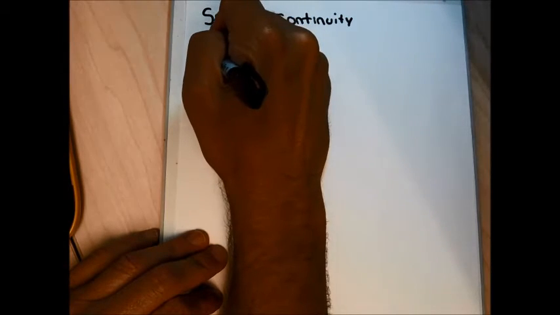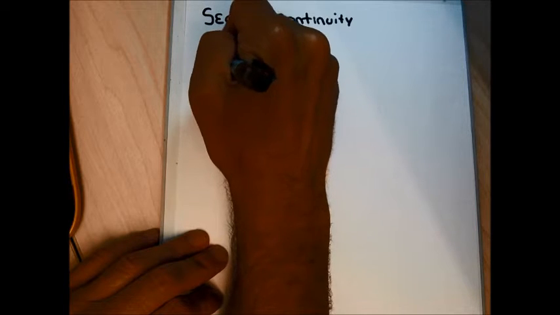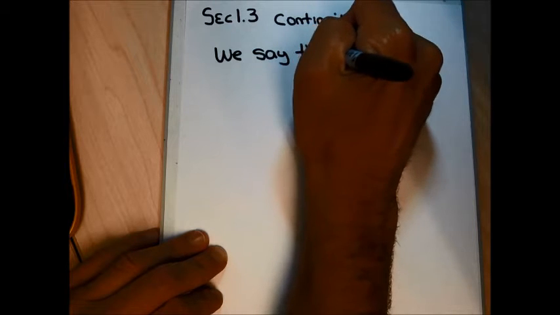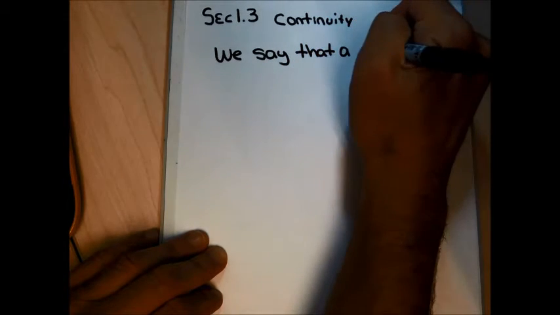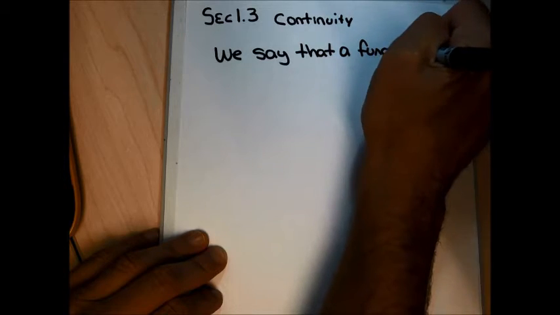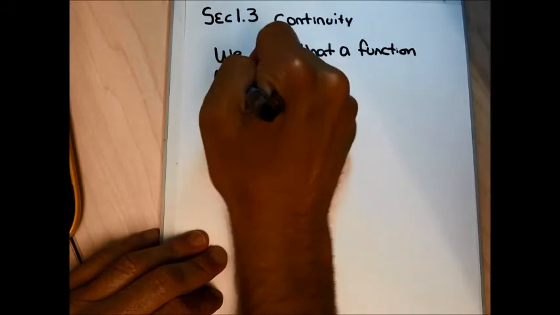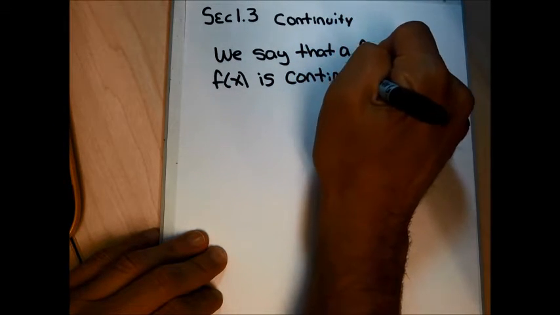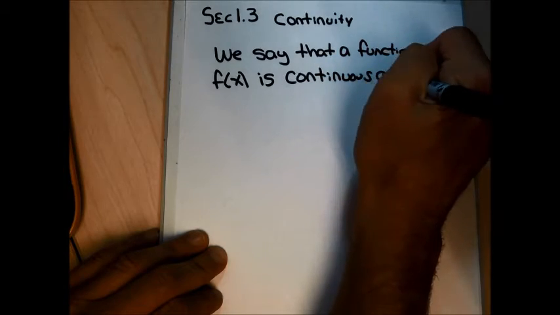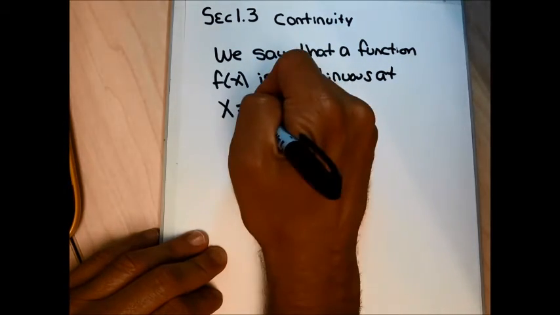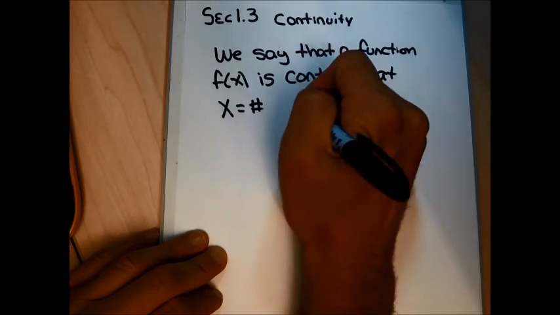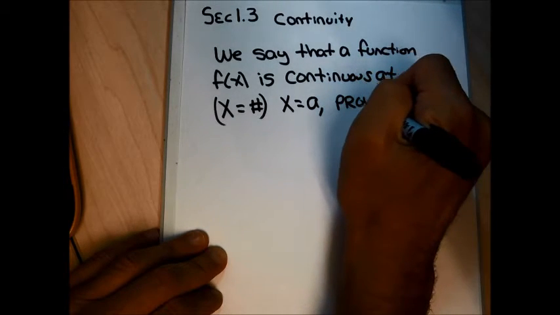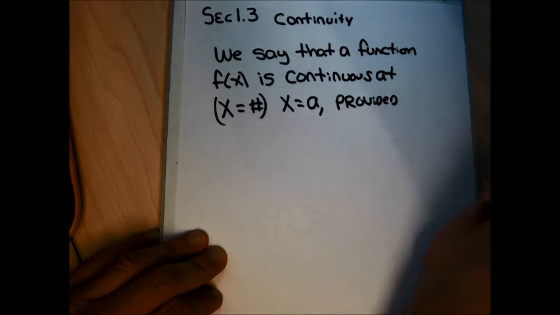So we say, or I say, or it's said, that a function, we'll call it f of x, is continuous at x equal to some number, we usually call that x equal to a, provided three criteria exist.